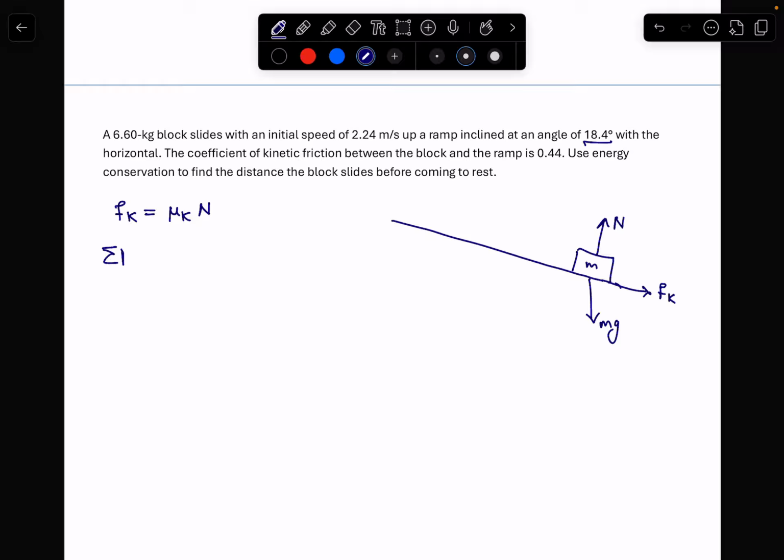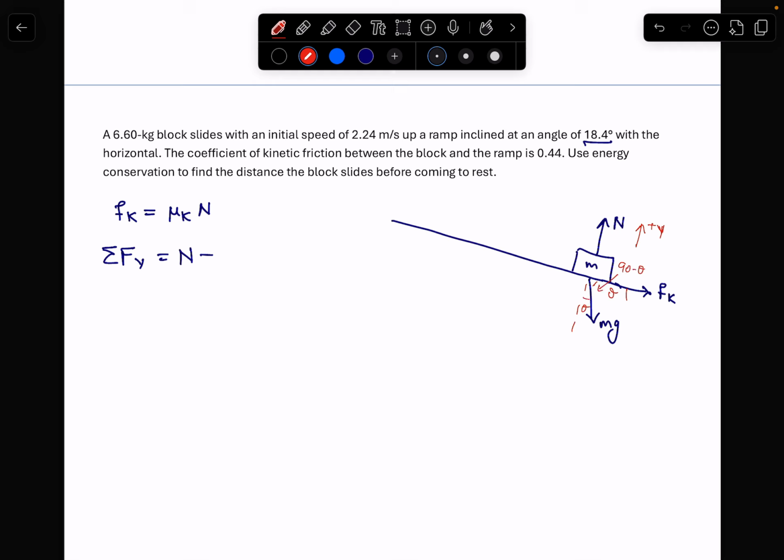To find n, I will do summation of forces in the y direction. That's positive y. So n minus, if this is theta, this is going to be 90 minus theta.